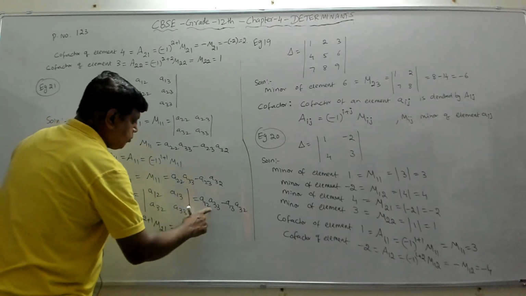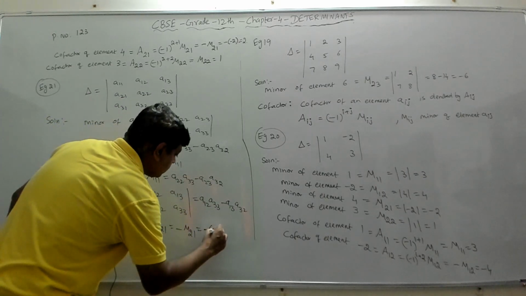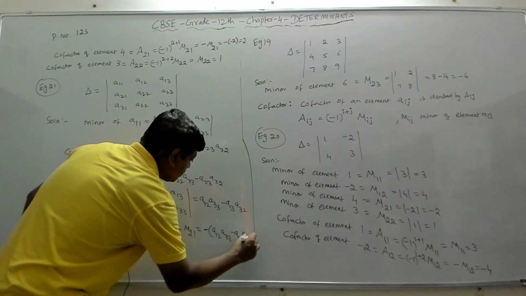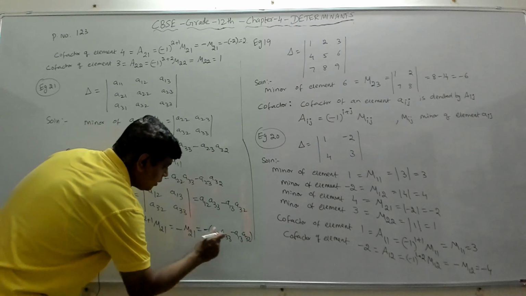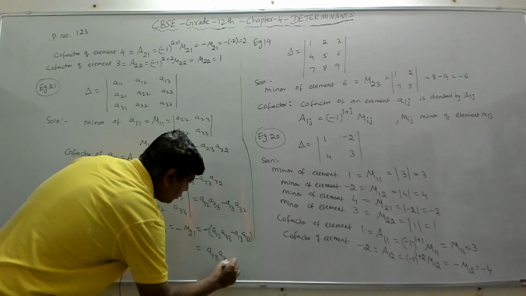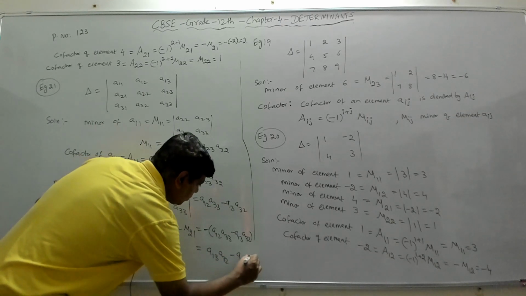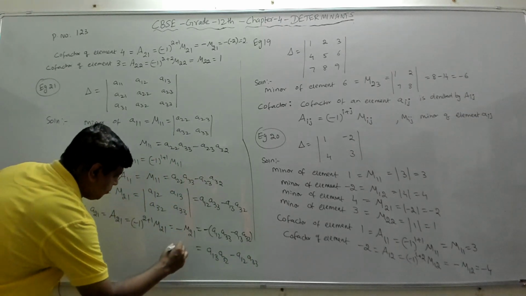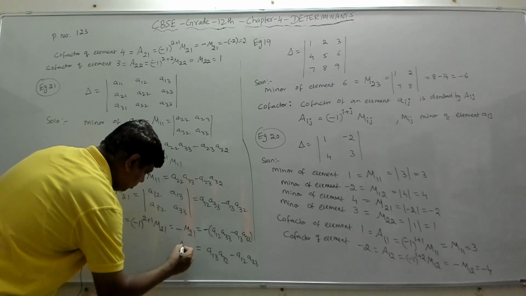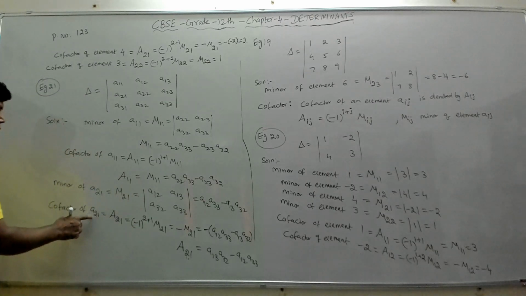And what is M21? M21 is this. That is equal to minus of A12 A33 minus A13 A32. If you multiply minus into minus, it becomes plus, so I am writing this first, A13 A32 minus A12 A33. So that is the capital A21, which is the cofactor of this element A21.